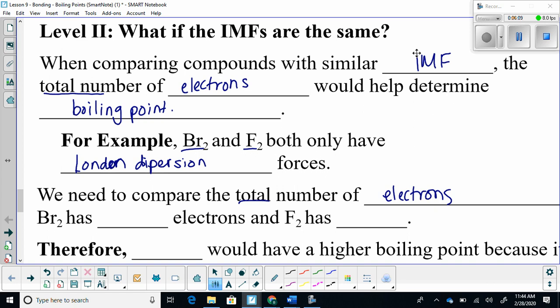Yes, so there are 2 atoms of bromine. They each have 35 electrons each for a total of 70. How many does fluorine have? 18, good. Therefore, bromine would have a higher boiling point.